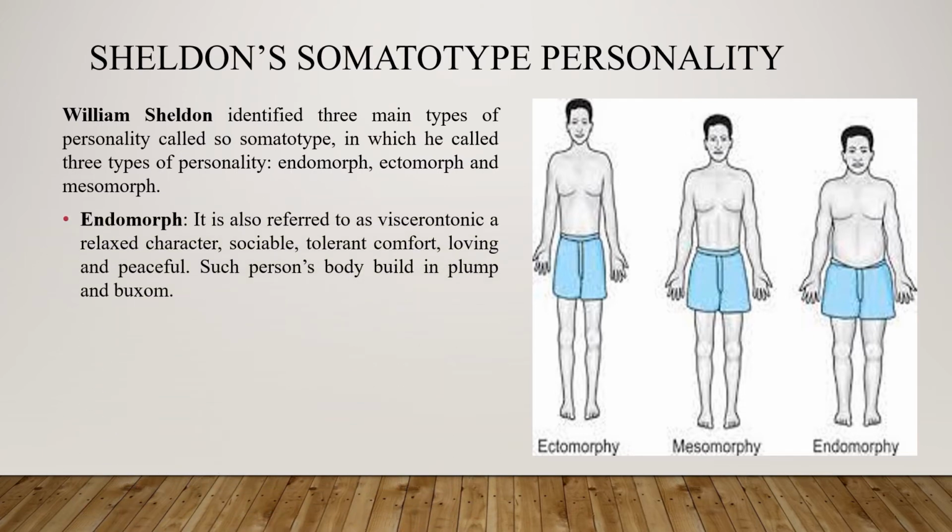Endomorphs are those people with a round body and fat tissue. These people have very positive qualities, such as being relaxed, able to connect well with others, tolerant, very loving and peaceful.